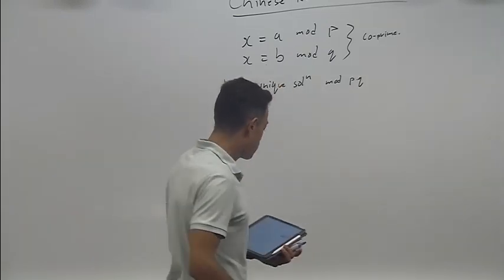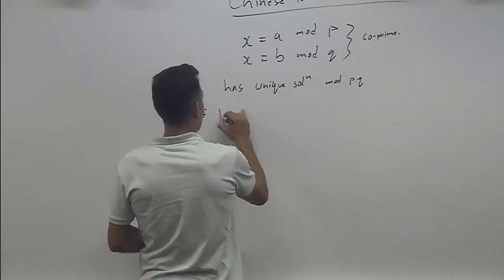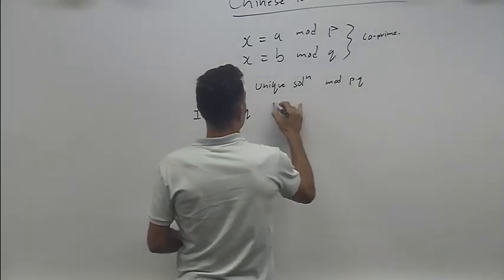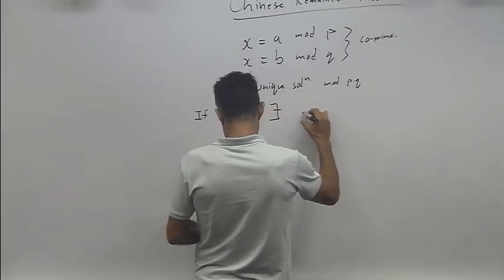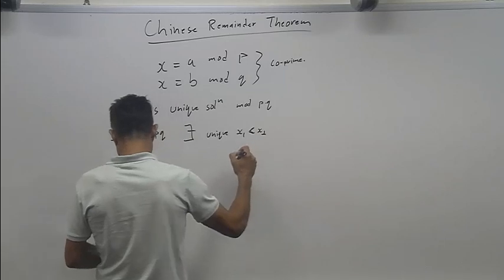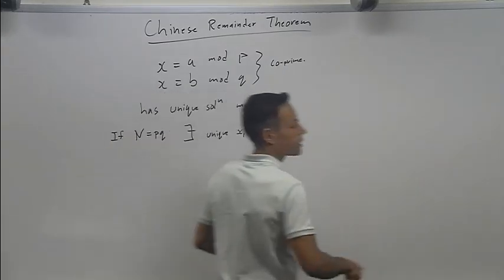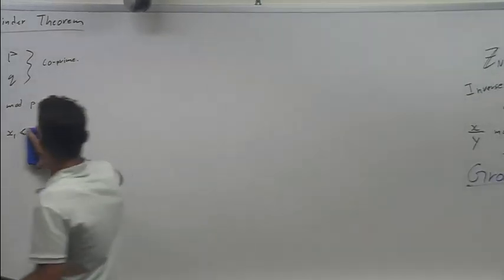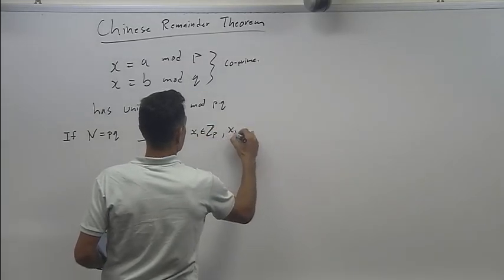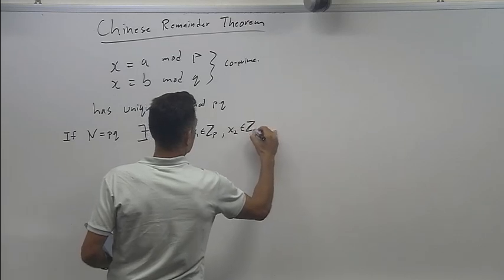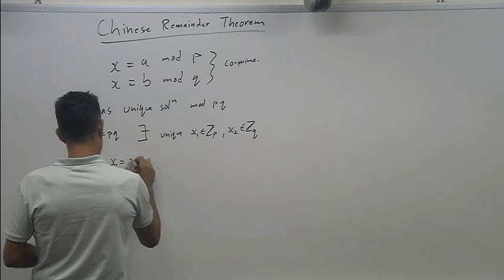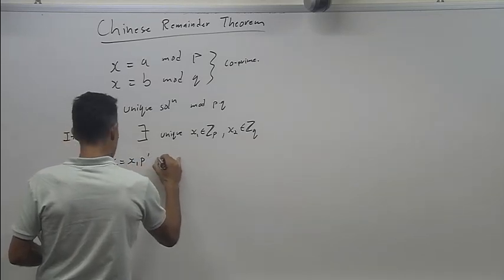And what's really interesting is that if our n from Zn is a product of two primes, then that means that there exist unique x1 and x2, which works slightly differently, such that x is equal to x1 mod p and x2 mod q.